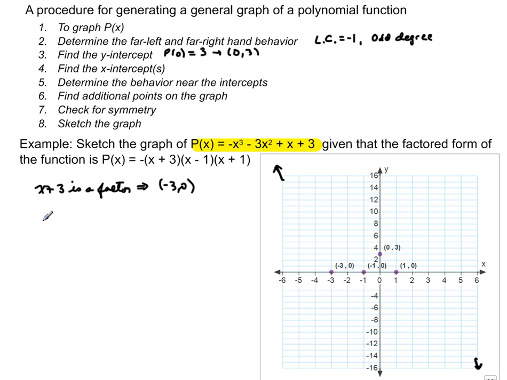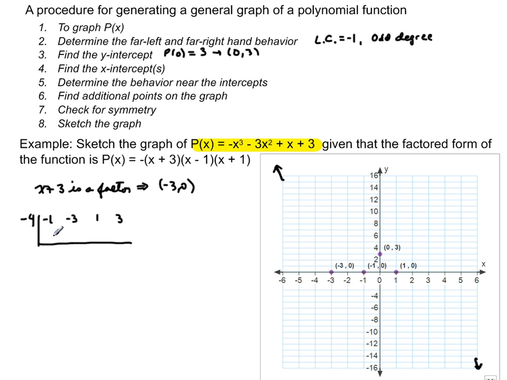I'll choose negative 4. What happens at negative 4? Negative 4 seems to be a nice number for the purposes of doing this problem. So let's substitute this in, and I'm going to find my y values by using synthetic division. I use the polynomial up here that has coefficients of negative 1, negative 3, 1, and positive 3.